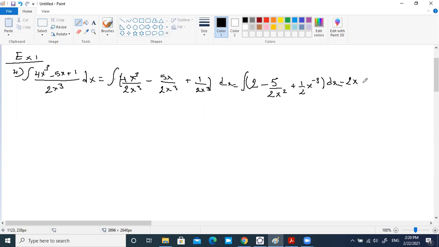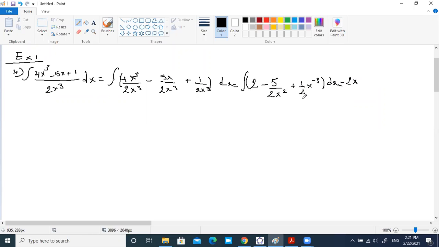Professor, this is like... we can bring the x to the power 2 up as well. If we bring it up, it becomes 5 over 2 times x to the power negative 2. If you are going to write it this way, you don't have to write 2x, you keep it in the integral. You can't integrate one part and leave another part without integrating.